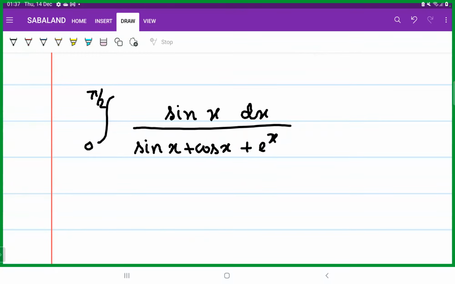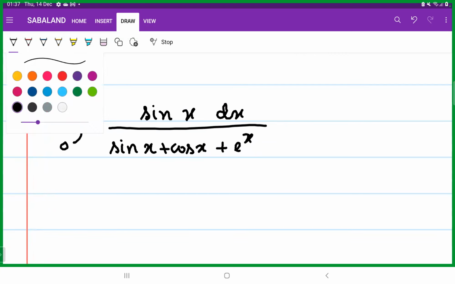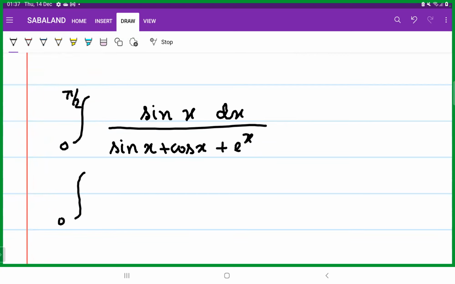Okay. So now if we apply the properties of King's rule, we will get something like this.